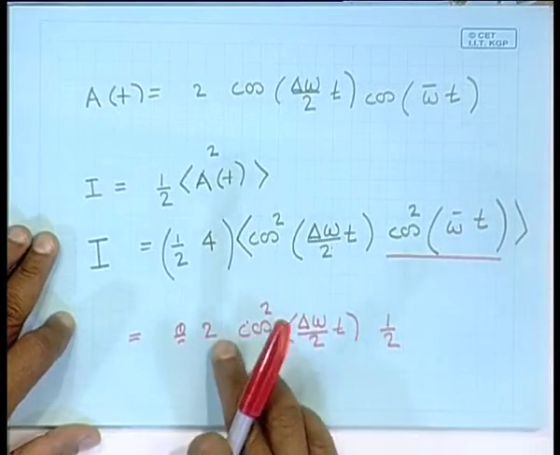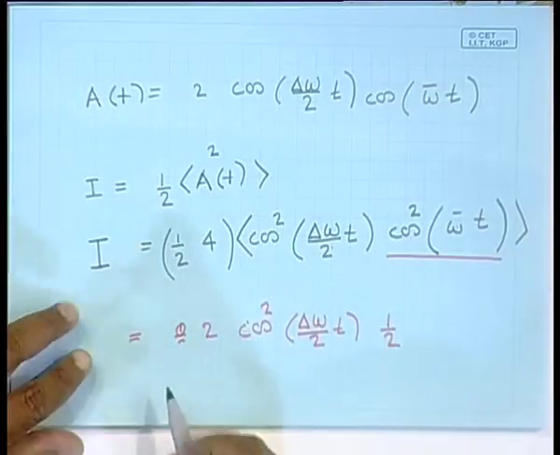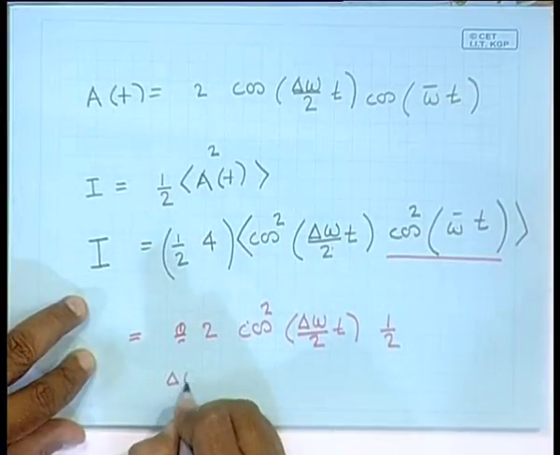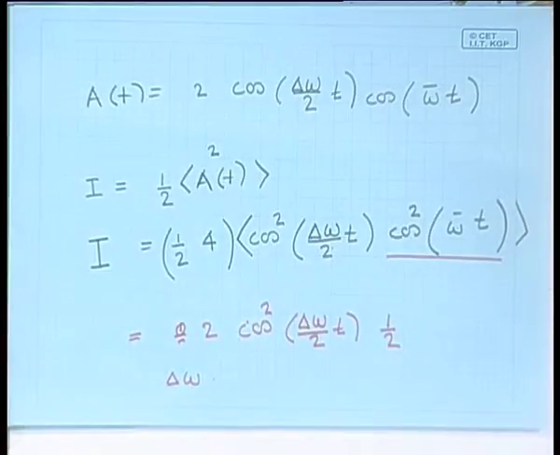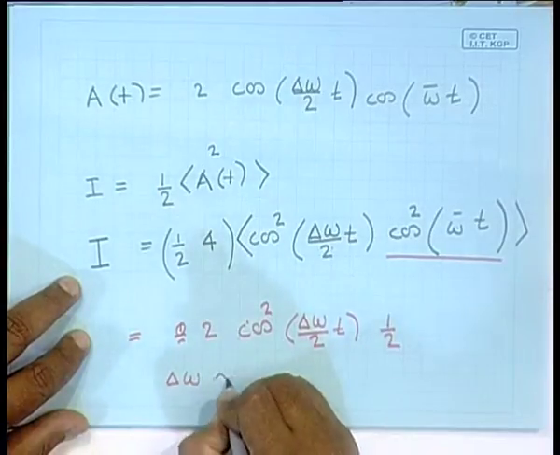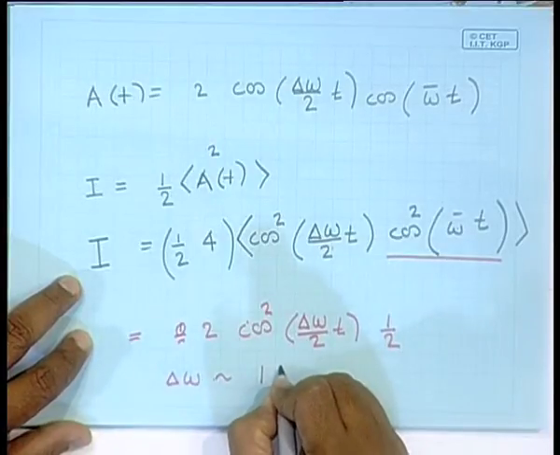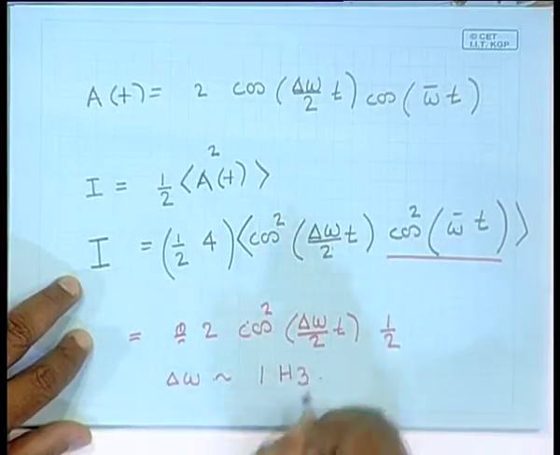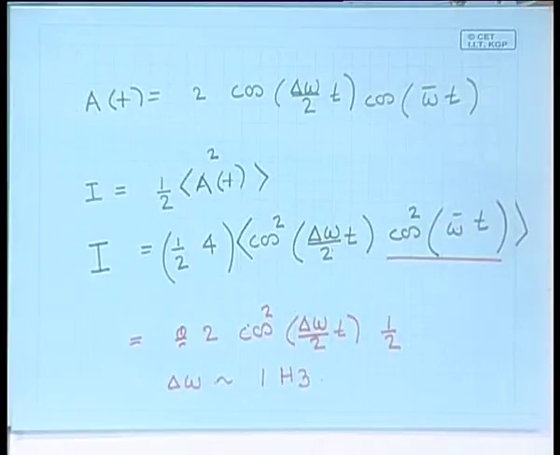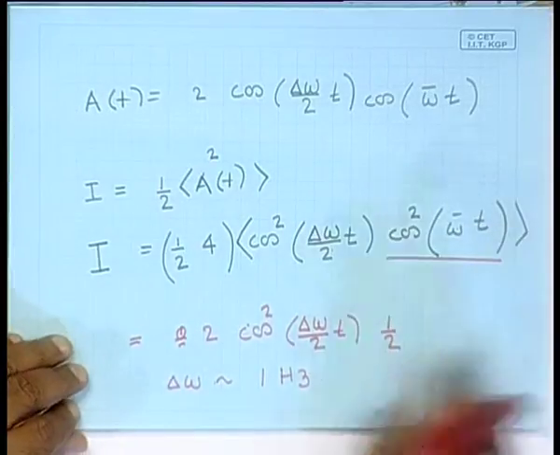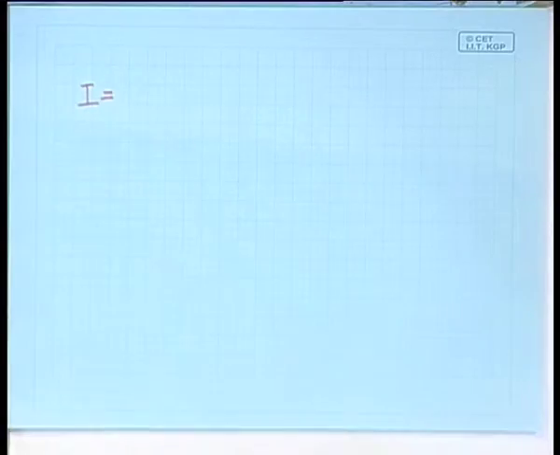So, we can write it in terms of cos 2x, and you see that you will essentially hear a modulation in the intensity at an angular frequency corresponding to the difference, and this is going to occur at the time scale of 1 hertz, which our ear can make out. So, that is the point which I was trying to make here. Let me go back to the calculation which we were doing.